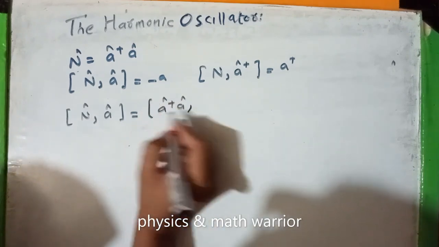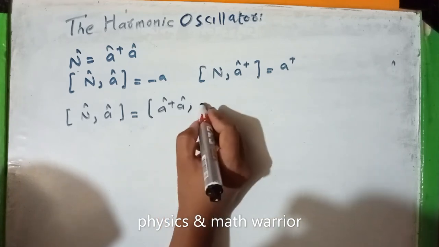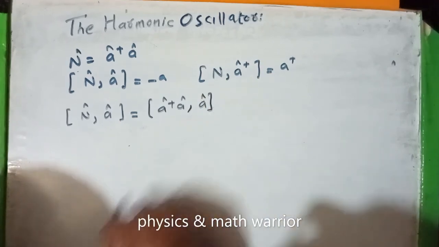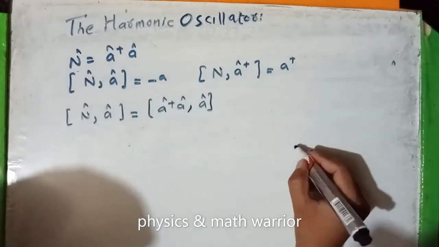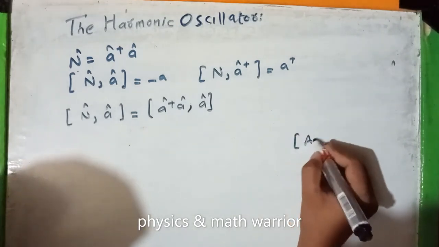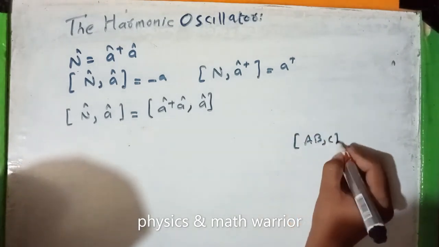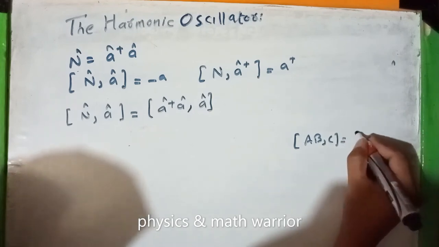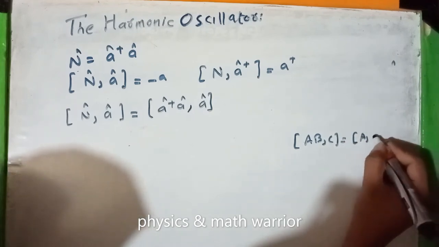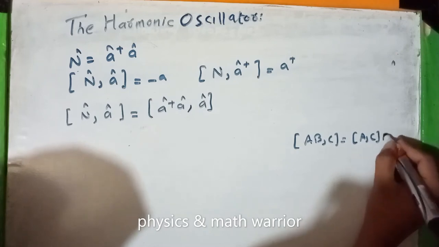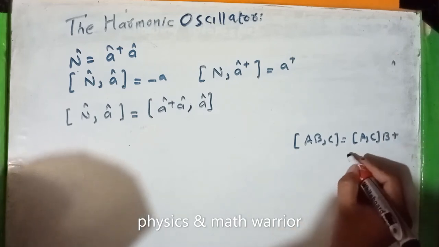So this becomes commutator of a dagger a and a. Now we will use the property: commutator of a b and c is equal to a commutator of b and c plus commutator of a and c multiplied by b.